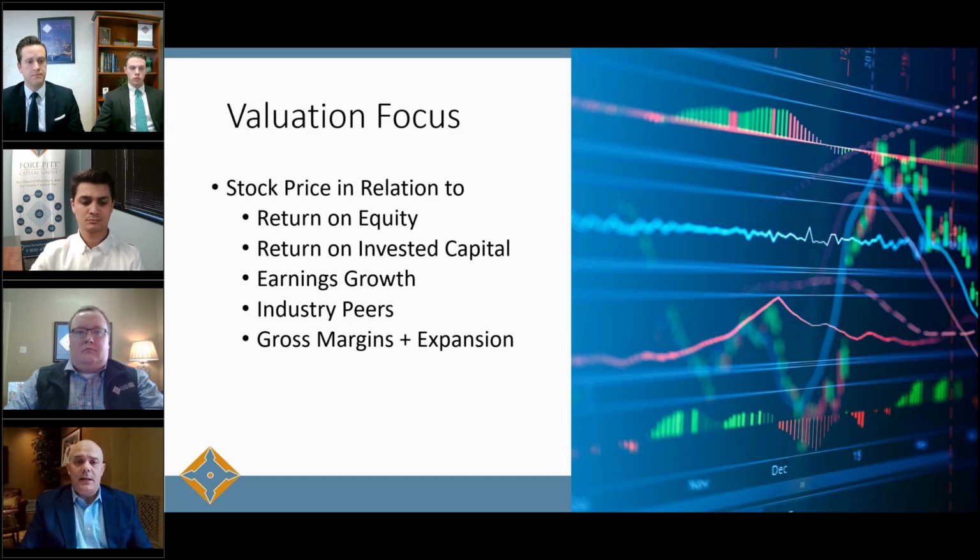And in terms of how to determine a fair valuation to pay for those earnings, it's really a combination of things like the company's own historical valuation range, a comparison to their sector peers, and we also have to account for big macro inputs like interest rates, which just have a large impact on equity market valuations across the board.